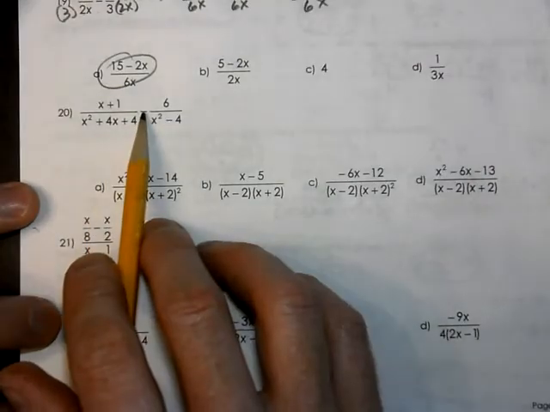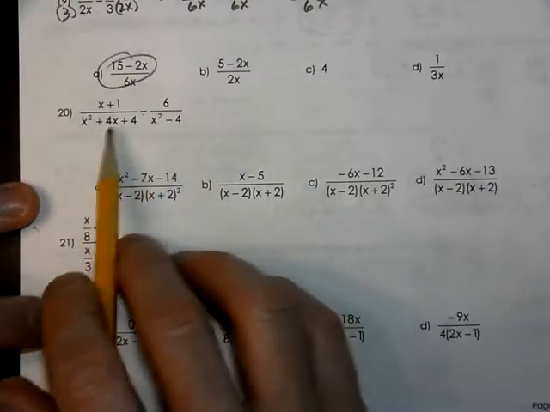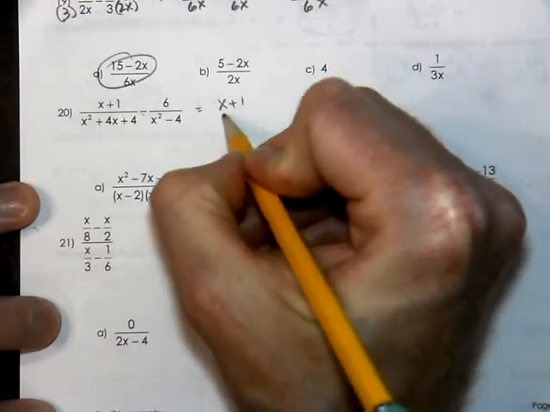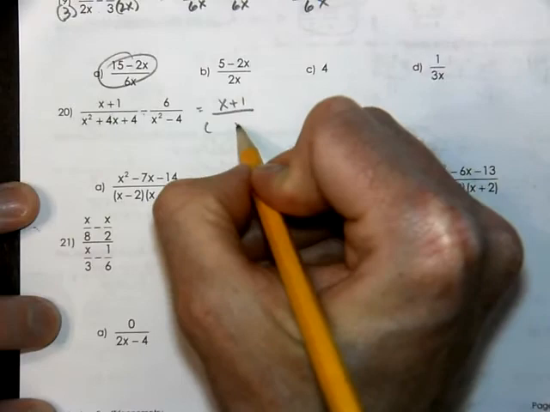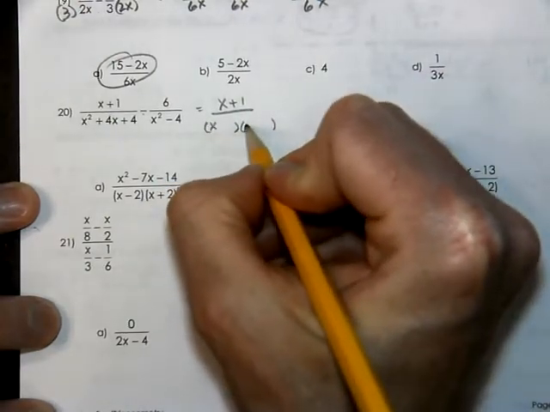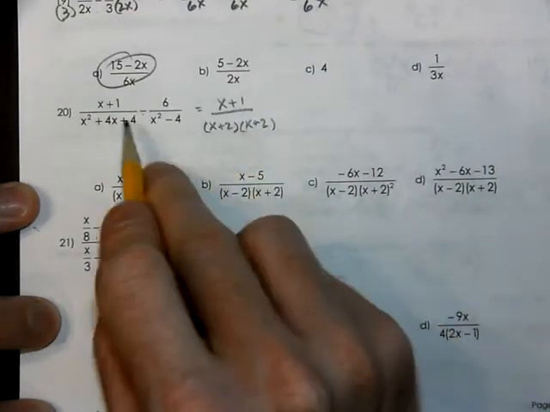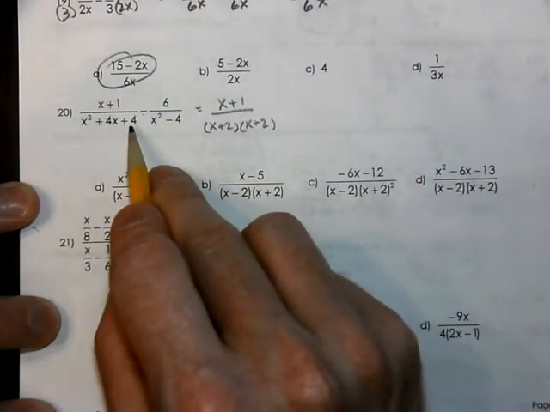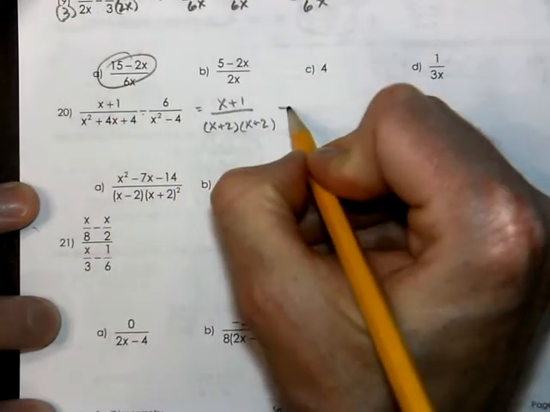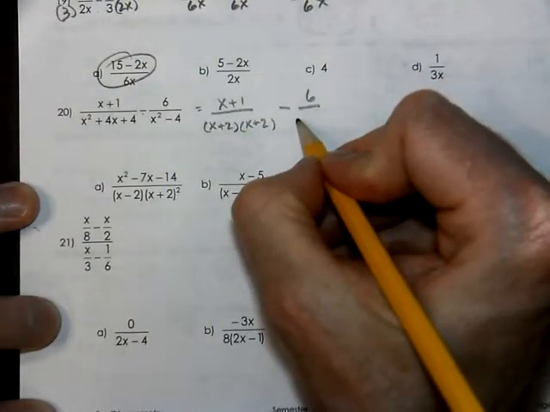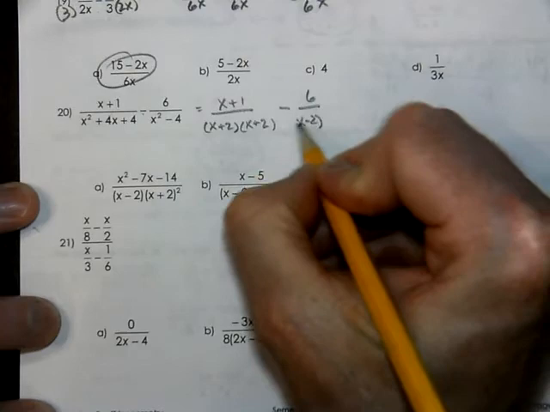We're subtracting still. It's difficult to see what our common denominator is going to be in this format, so we need to factor apart the denominator. X and x, positive 2x, positive 2 and positive 2, add to be 4 and multiply to be 4. This is the difference of perfect squares.